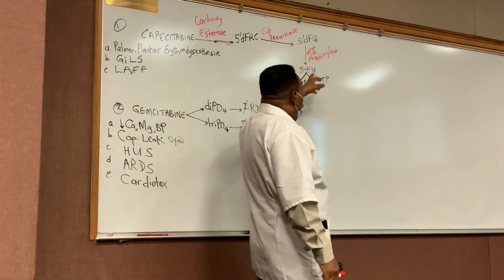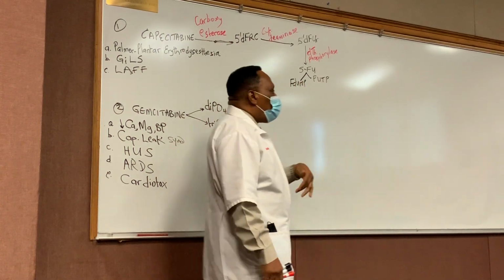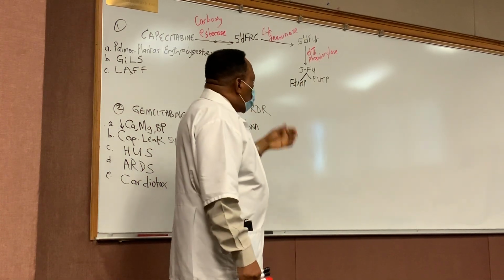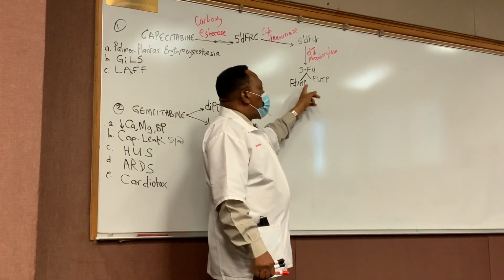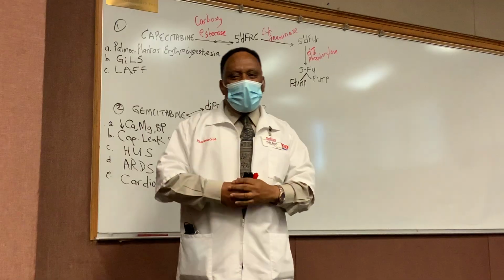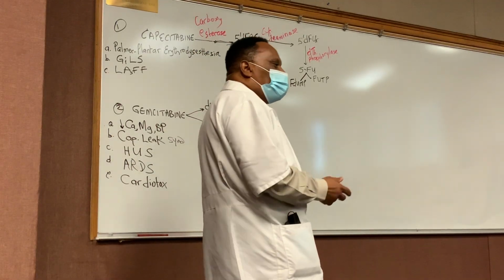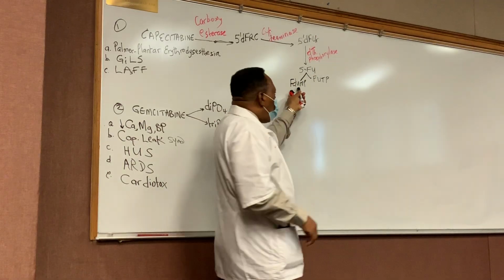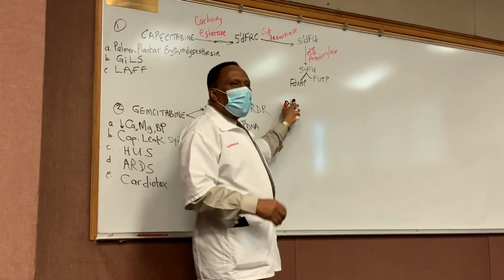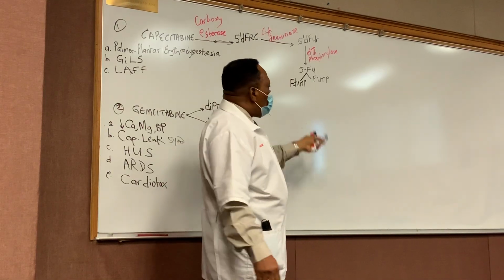thymidine phosphorylase. Once 5-FU is produced, it can be metabolized to FdUMP, 5-fluorodeoxyuridine monophosphate, and the FdUMP is what would inhibit DNA synthesis.